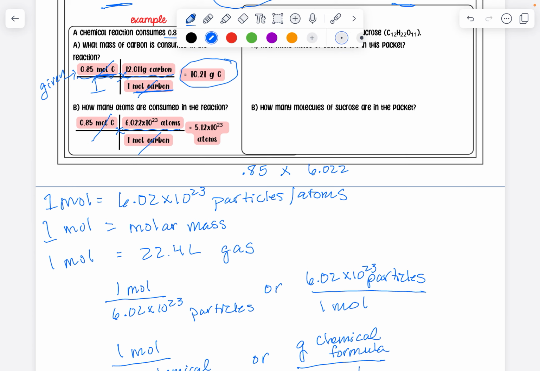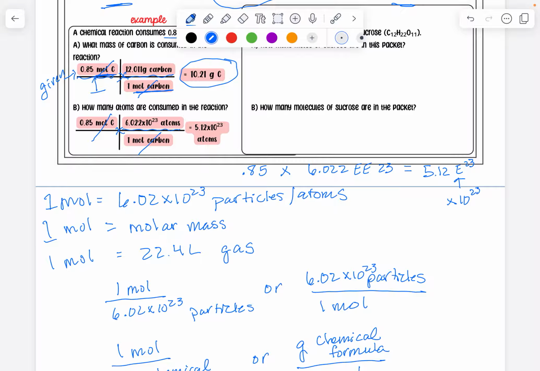6.022. Let me start that over again. 0.85 times 6.022, and then I find a button that says EE. That is the times 10, and then I'm going to type in 23. And then my calculator will give me 5.12 times e to the 23. And I need to know that this means times 10 to the 23.